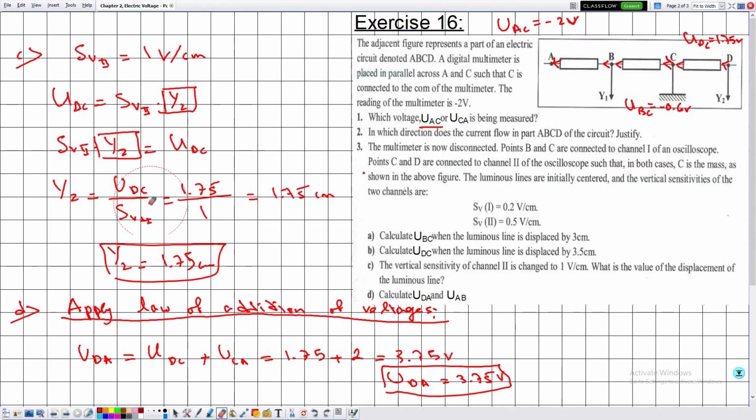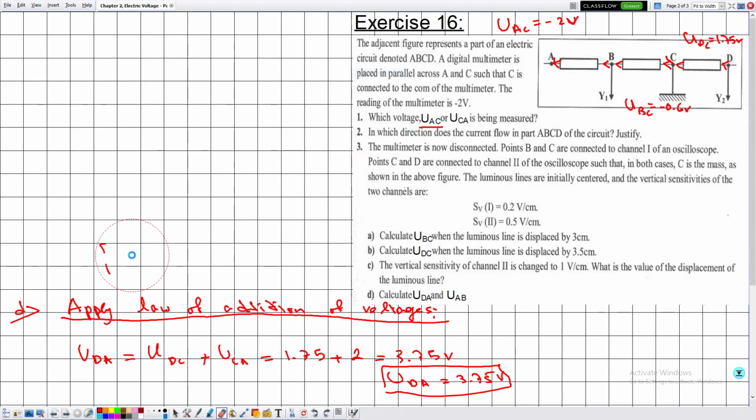Now as for the voltage UAB, we can also apply the law of addition of voltages.